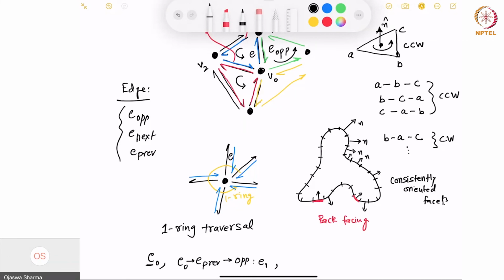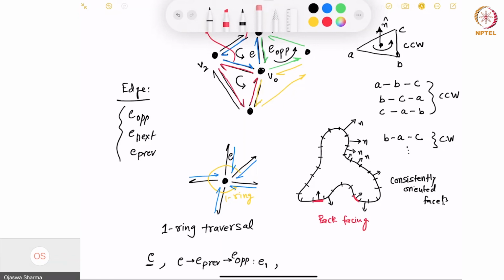That's going to be messy with this notation. So you do E, you jump to E previous, and from E previous get its opposite.